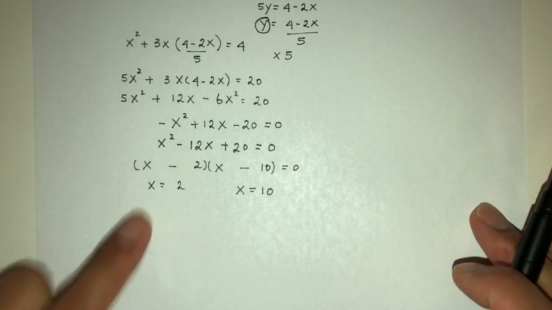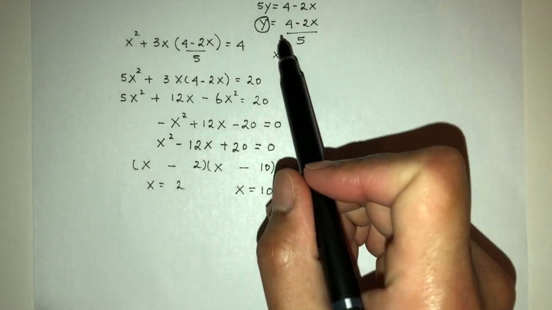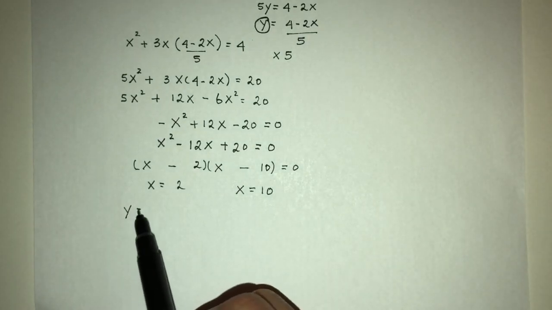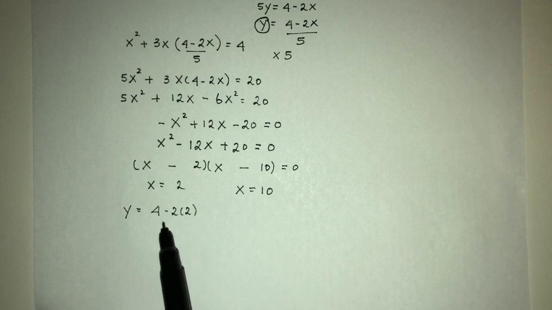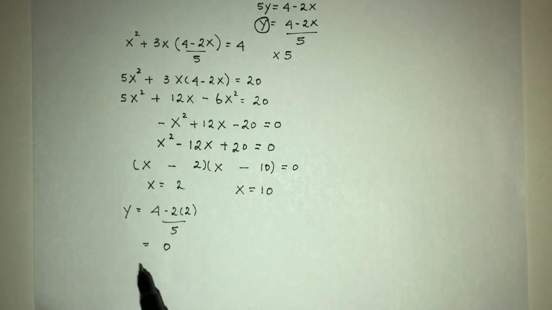Now for this value of x, let's find the corresponding value of y. So y will be what? 4 minus 2 times 2 divided by 5, that will be 0. So for this one, we have x is 2 and y is 0.